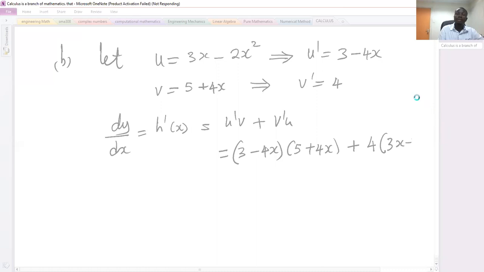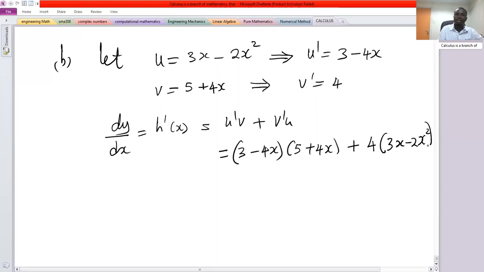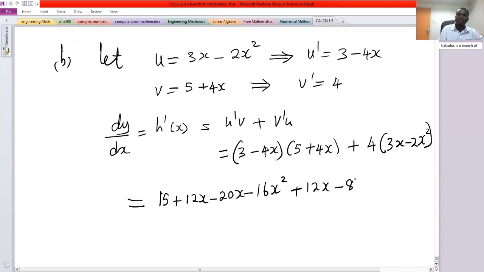Now, this being a simple product of two linear functions, we can always expand, and so we'll have 15 plus 12x minus 20x minus 16x squared plus 12x minus 8x squared.